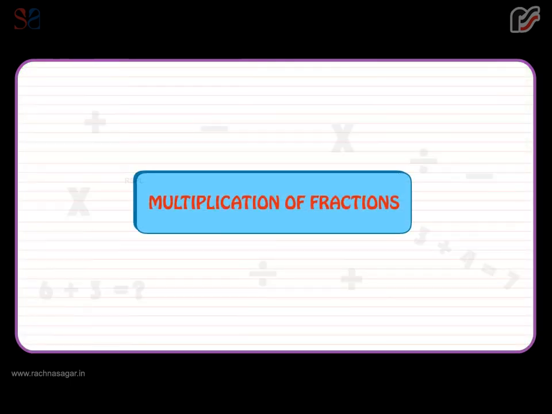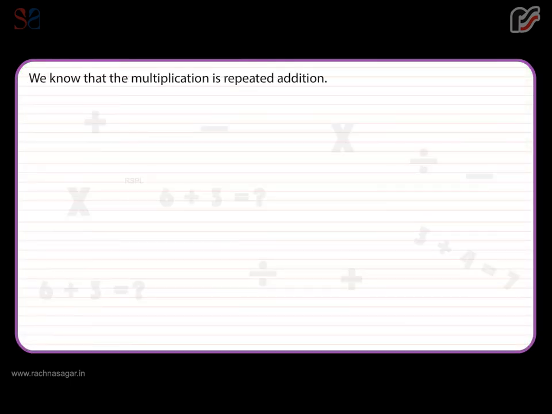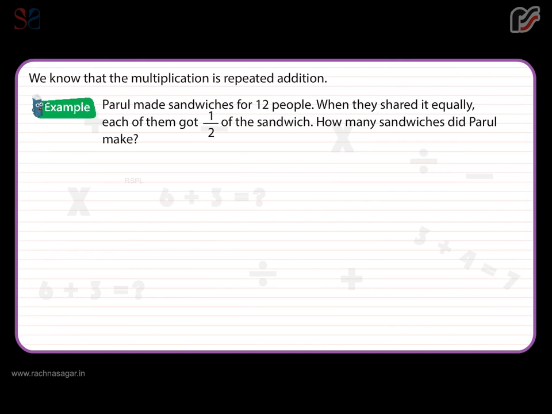Multiplication of fractions. We know that the multiplication is repeated addition. Example, Parul made sandwiches for 12 people. When they shared it equally, each of them got 1/2 of the sandwich. How many sandwiches did Parul make? Solution.